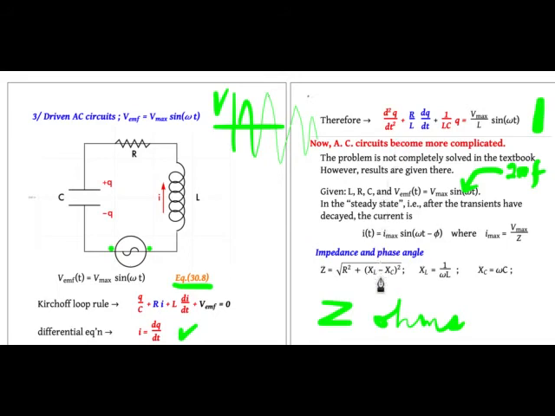I'm not going to go through the derivation of this result. You can read through the section on driven AC circuits in Bauer and Westphal. Some of the Lon-Capa problems may require that information. They may consider, for example, what if you had a driven RL circuit with no capacitor?